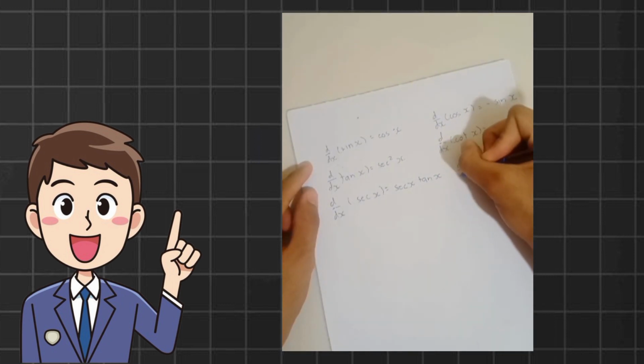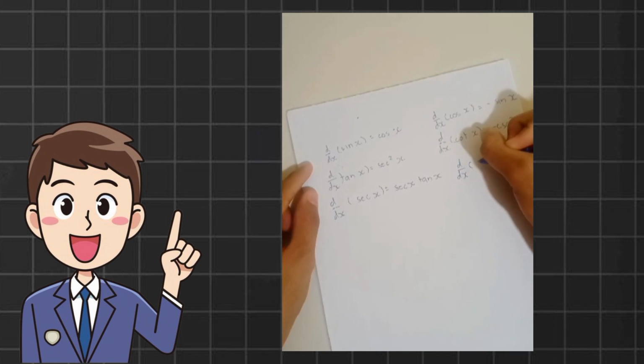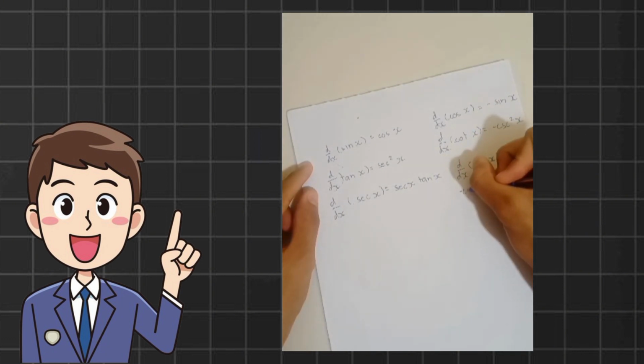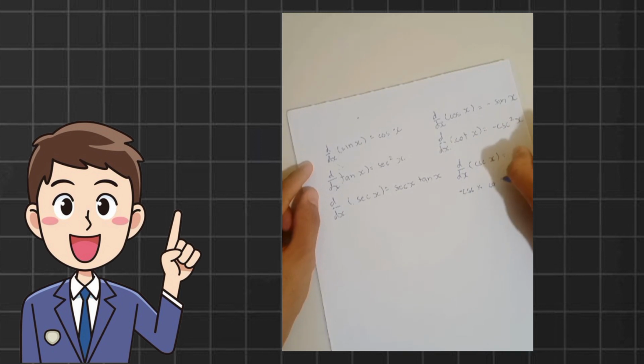Derivative of cosecant x is equal to negative cosecant x cotangent x.